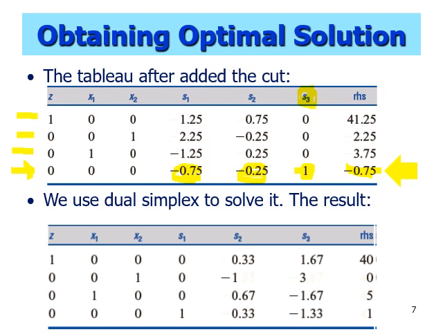So this variable has the smallest absolute value of ratio test. Now it should become 1, and the other values in that column should become 0. Then you perform the elementary row operations to make it happen, and see if this new solution is optimal. For the maximization problem, if row 0 is already all positive coefficients, it means it's already optimal.